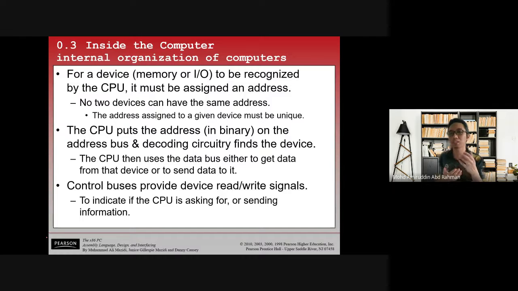You nak mild ke, you nak hot ke, dia punya ni spicy and so on. You kena bagi tahu waiter tu. Okay, and then macam ni akan pergi ke dapur, bagi tahu dekat kitchen staff, you kena masak macam ni, and so on. Okay, this customer wants like that. Okay, so itu tugas control bus.